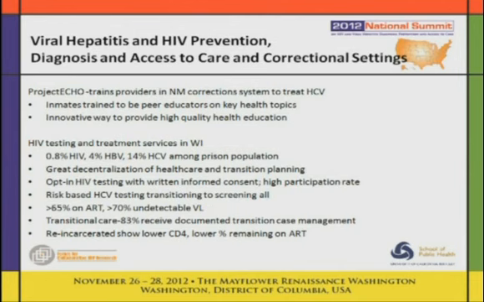Project ECHO is very, very interesting, looking at a peer education model in the New Mexico Department of Corrections. And it's not just the peer training, but what I found very interesting and very unique is using telemedicine for ongoing education and supervision of the peers. Keep in mind, think about where the prisons are in your community, in your state. They're typically not in urban areas.